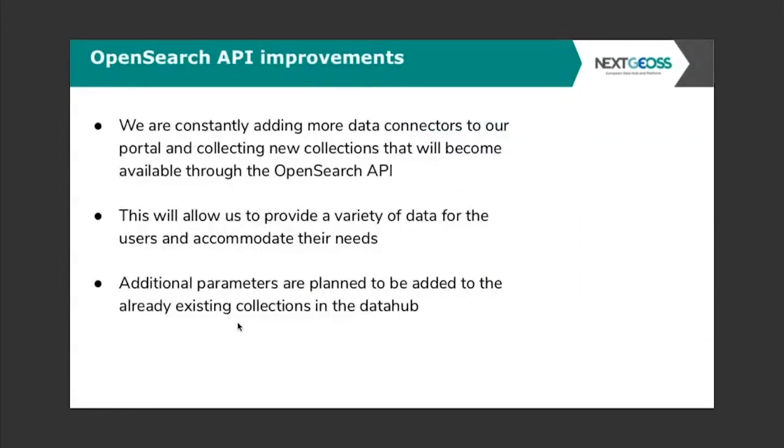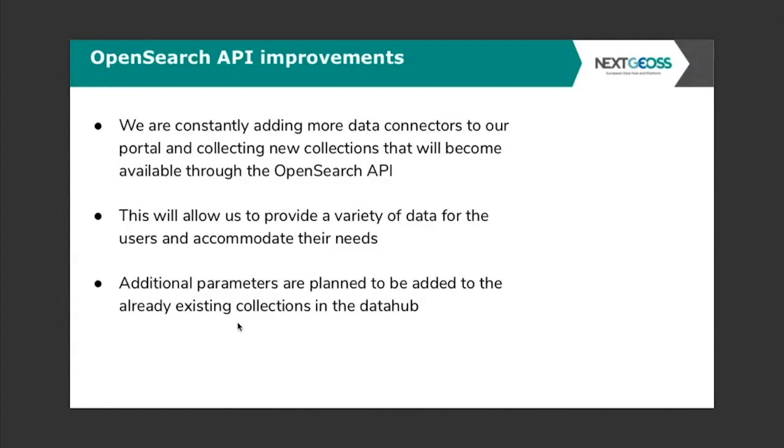Since we're constantly adding more data connectors to our portal, we are also collecting new collections, and in time they will become available through the OpenSearch API. As soon as we add a new data connector to our portal, we are also adding the OpenSearch support for it. So the datasets that we're collecting are available through the OpenSearch API at the same moment.